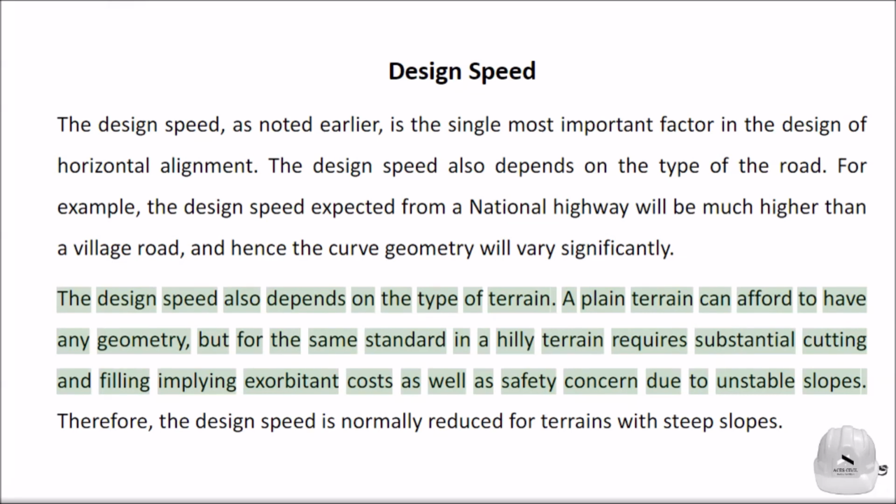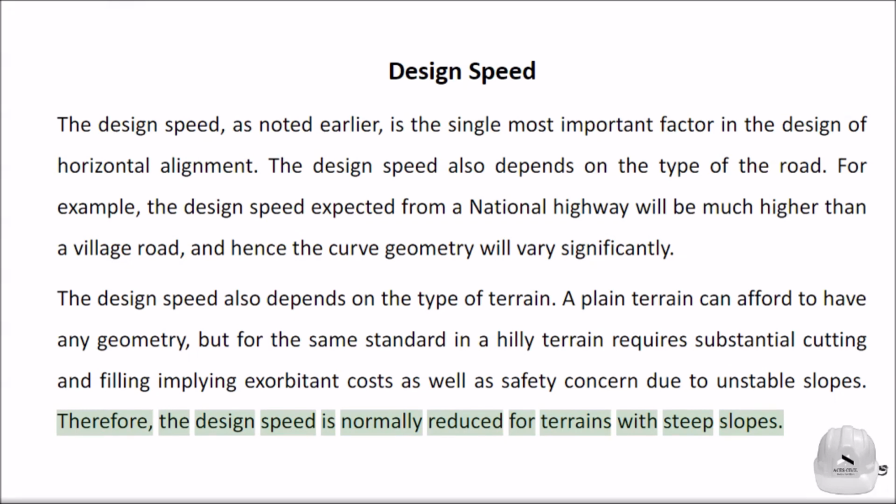A plain terrain can afford to have any geometry, but the same standard in a hilly terrain requires substantial cutting and filling, implying exorbitant costs as well as safety concerns due to unstable slopes. Therefore, the design speed is normally reduced for terrains with steep slopes.